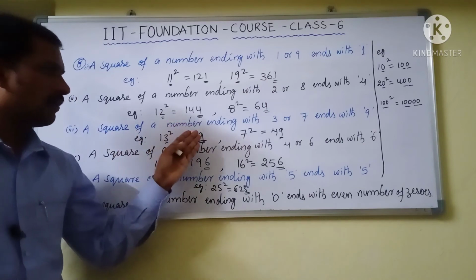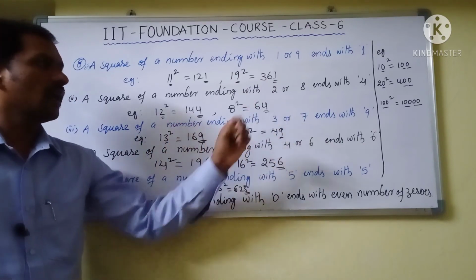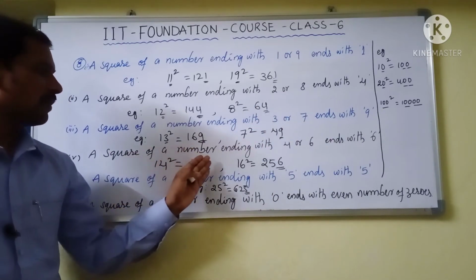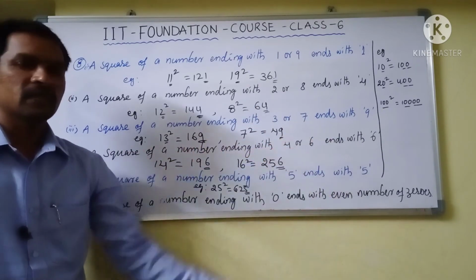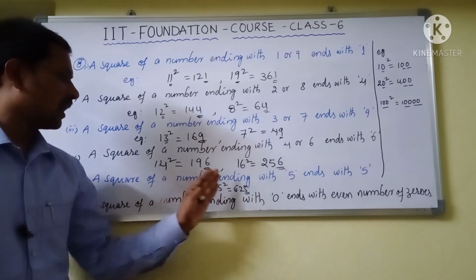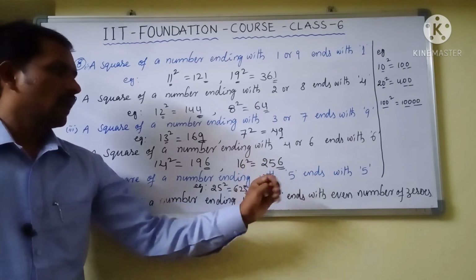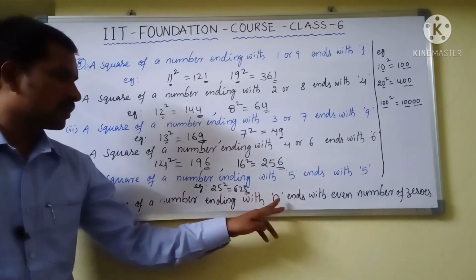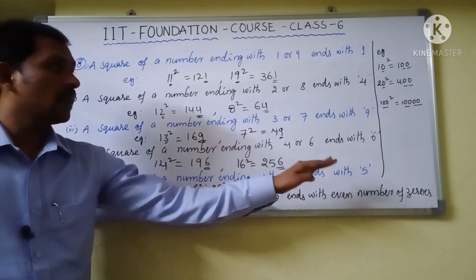The square of a number ending with 3 or 7 ends with 9. The square of a number ending with 4 or 6 ends with 6. The square of a number ending with 5 ends with 5. The square of a number ending with 0 ends with an even number of zeros.